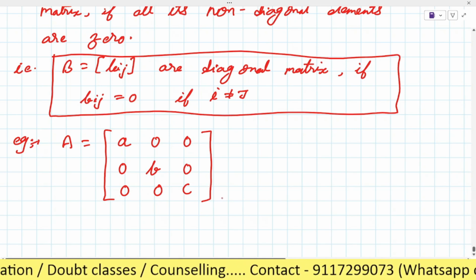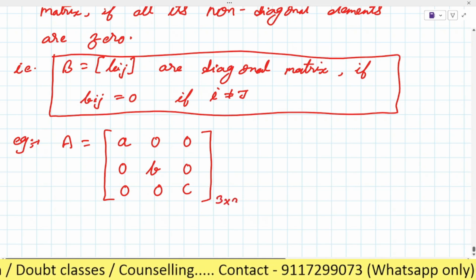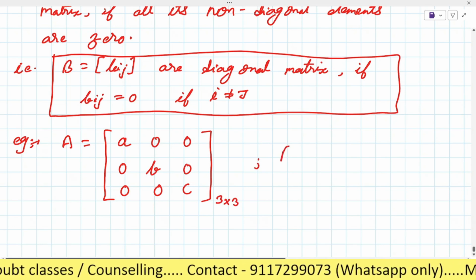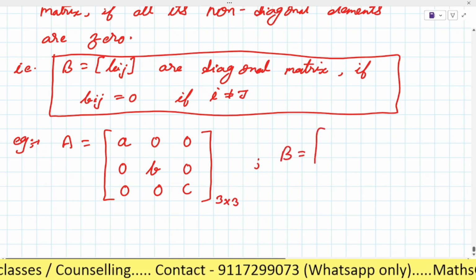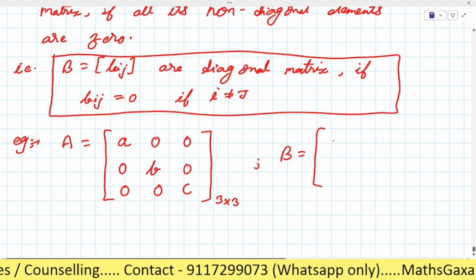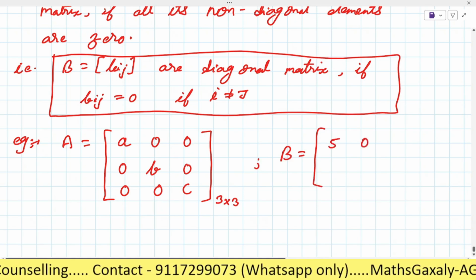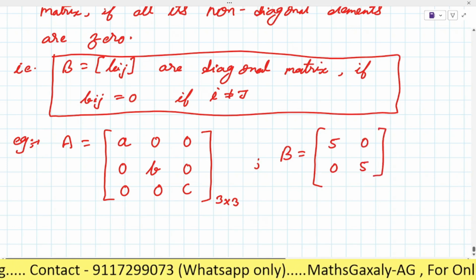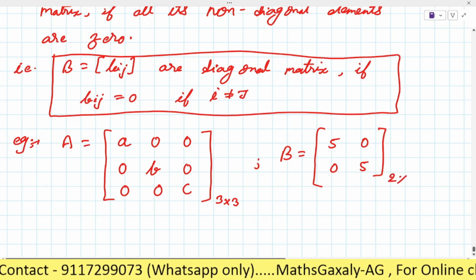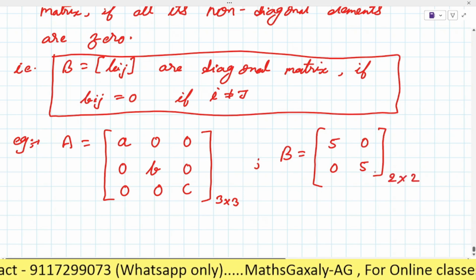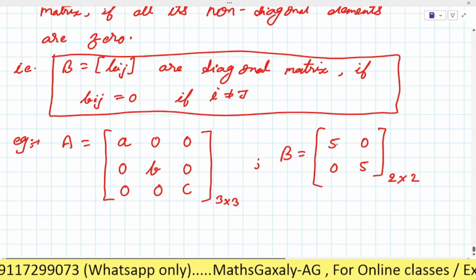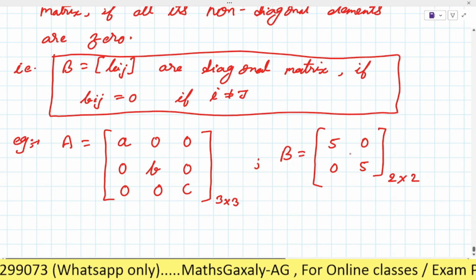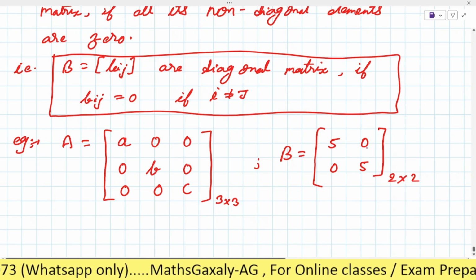It will be a 3 by 3 matrix. Suppose there is another matrix B, 5, 0, 0, 5. It is a matrix of 2 by 2, which is a square matrix, and here the diagonal elements are 5, 5, which are non-zero, others are 0.